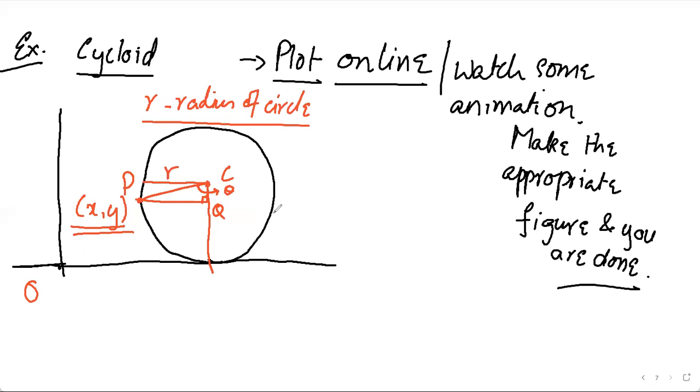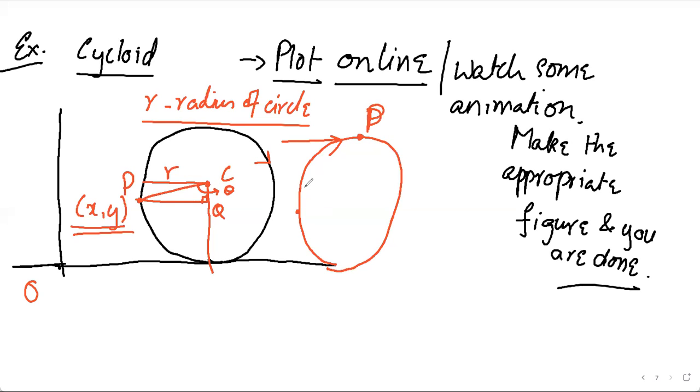Now remember that this circle is not only rotating about its axis, that is from the center, but it's also moving in the forward direction. That means after a certain time it would be somewhere here, and this point P would have moved from here to say here.